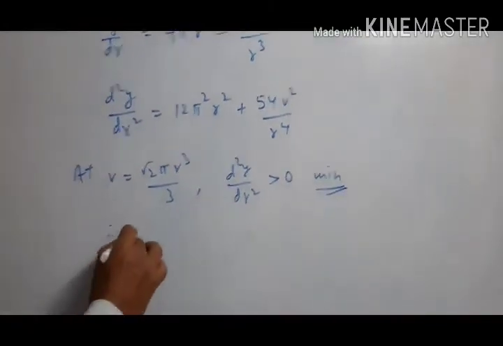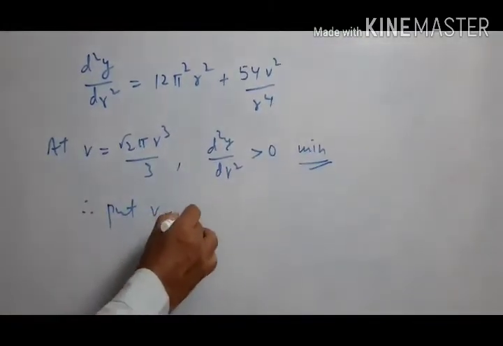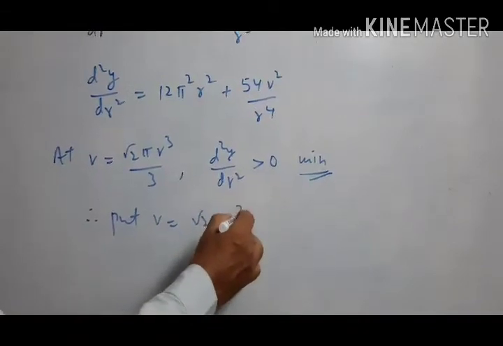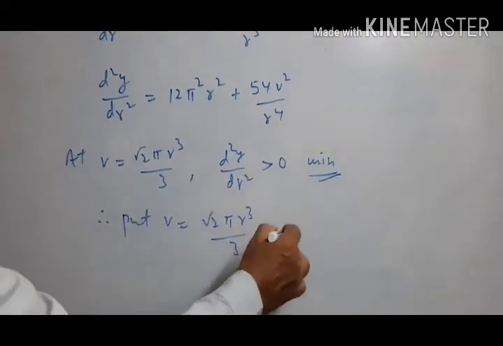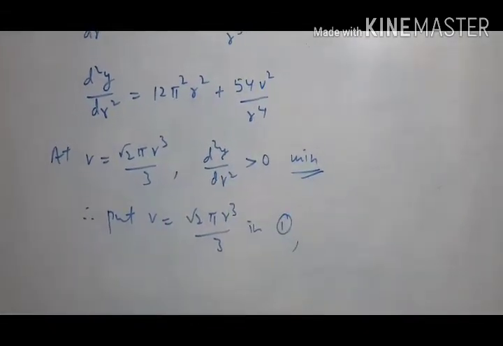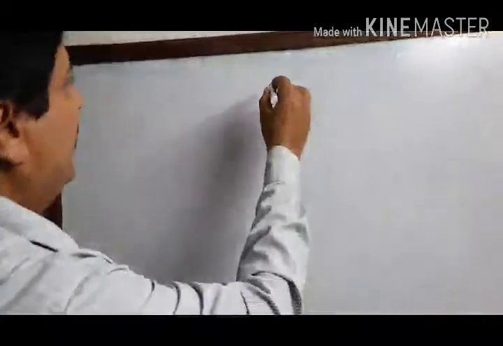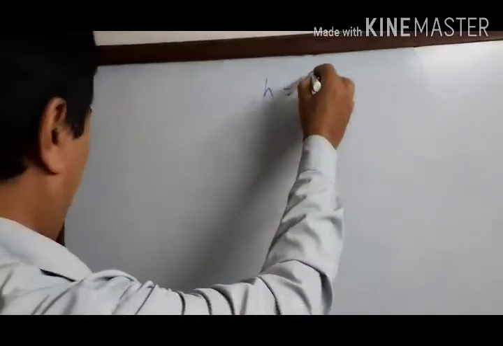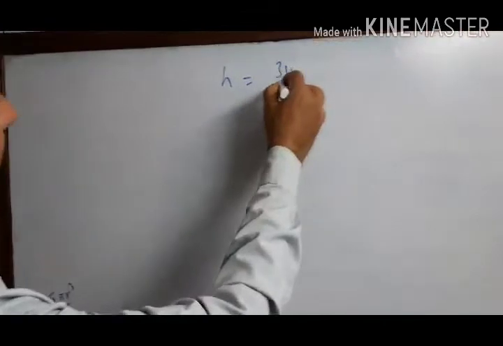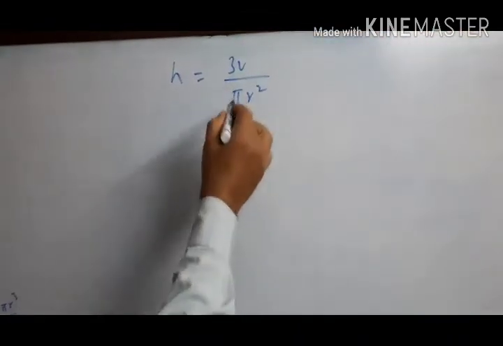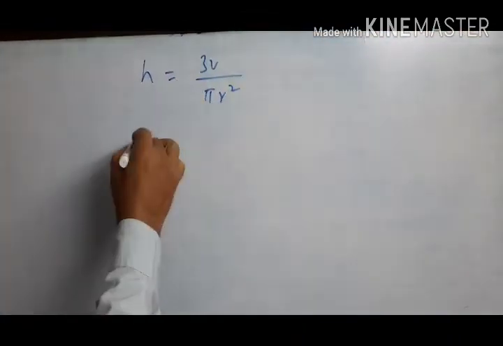Therefore, put V equals root 2 pi r cube by 3 in equation 1. Our equation 1 is h equals 3V by pi r square. Put the value of V from there.